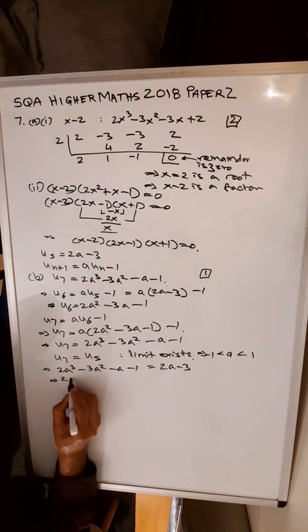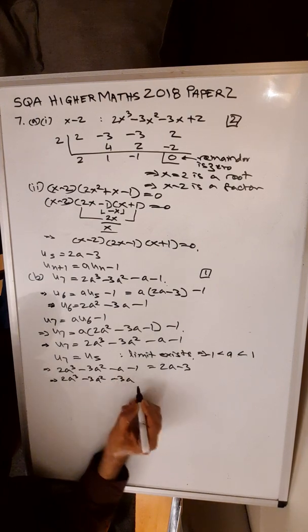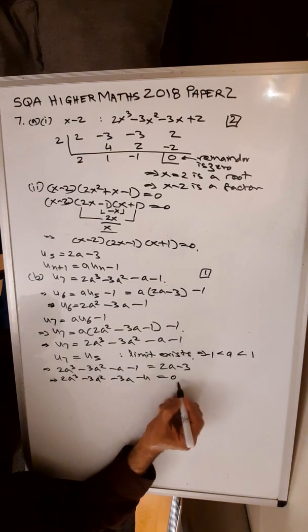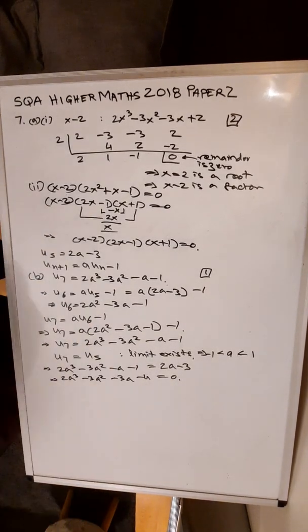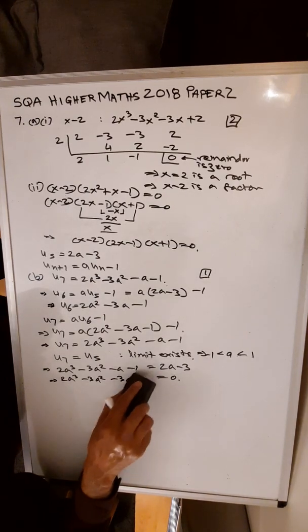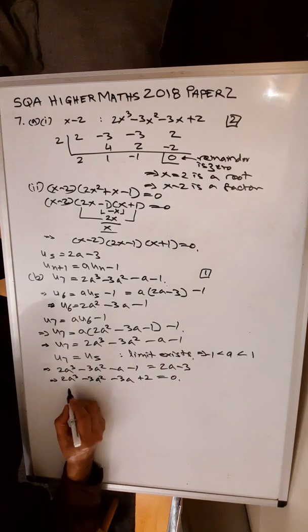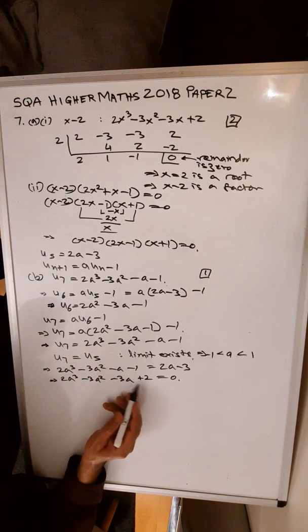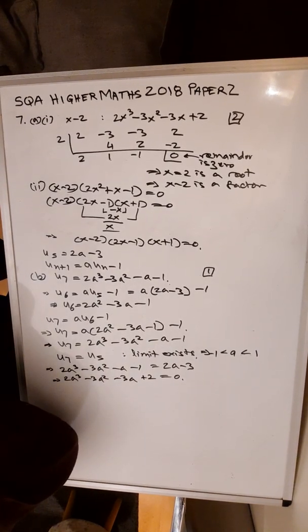That means that 2a cubed minus 3a squared minus 3a, not minus 4, minus 3a plus, you bring the minus 3 over, so plus 2 equals 0. This you can see is the same as the expression you started with, 2x cubed minus 3x squared minus 3x plus 2. So determine the value of a.